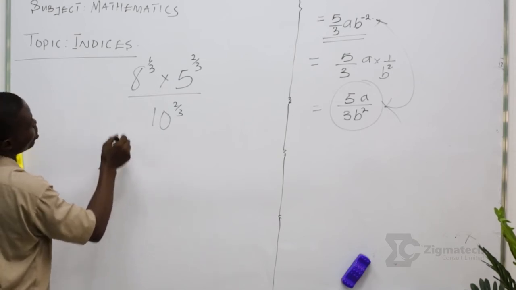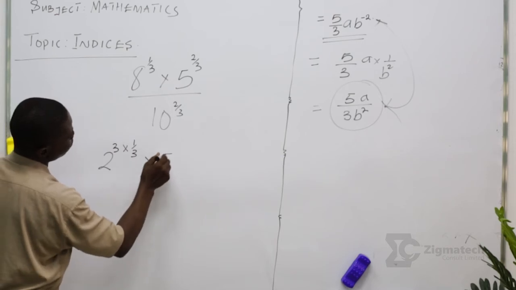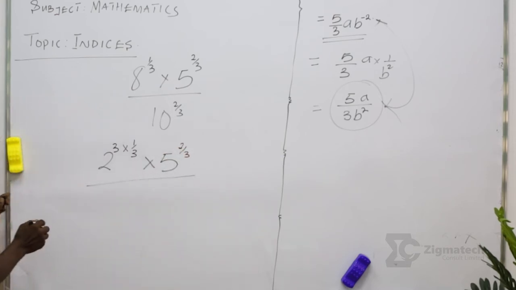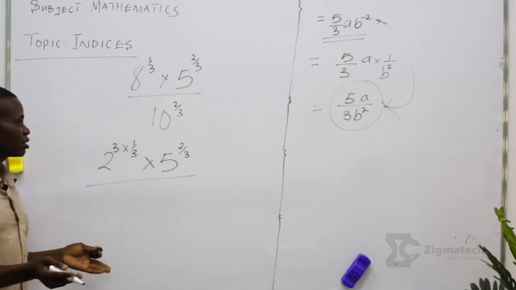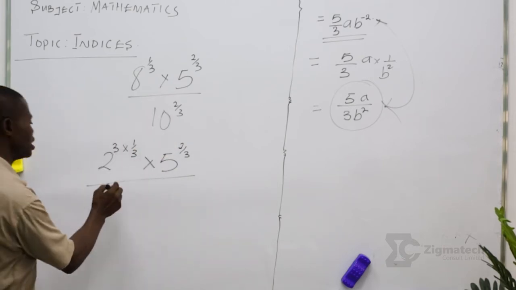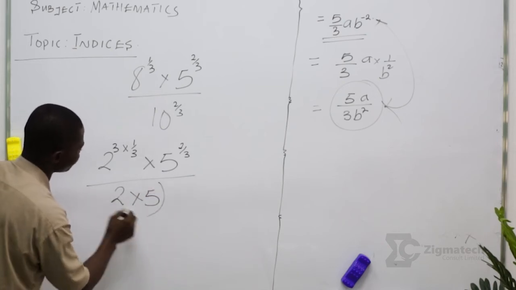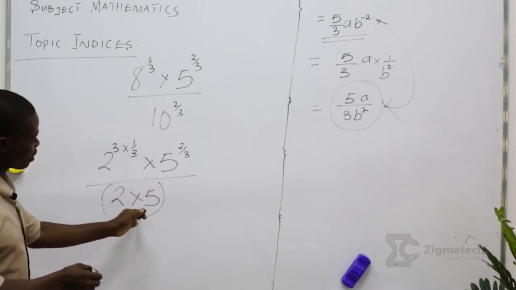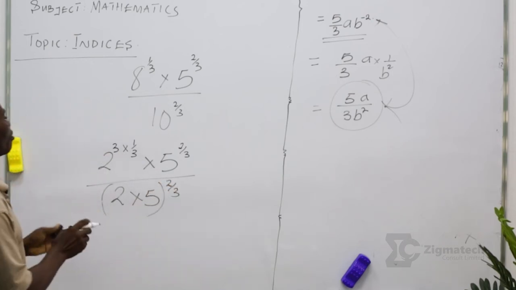Remember that 8 was raised to what? 1 over 3. Multiply by 5 raised to the power 2 over 3. Downward here, since 10 cannot be written in index form, the only solution for 10 is simply multiplication, meaning 2 times 5. And if you can remember, 2 is a prime number, 5 is also a prime number. Both of them are raised to the power 2 over 3.